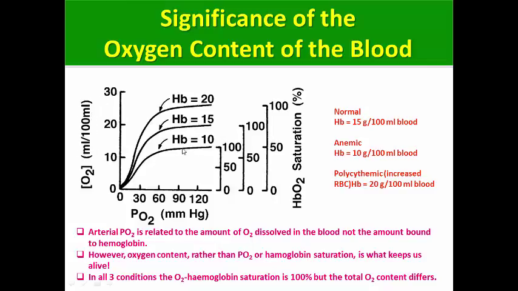Since the anemic subject has less hemoglobin, his or her oxygen content would be less even when all the hemoglobin molecules are fully saturated with oxygen, because he has less hemoglobin. Okay, so it is the oxygen content rather than the partial pressure of oxygen or the oxygen saturation which keeps us alive.